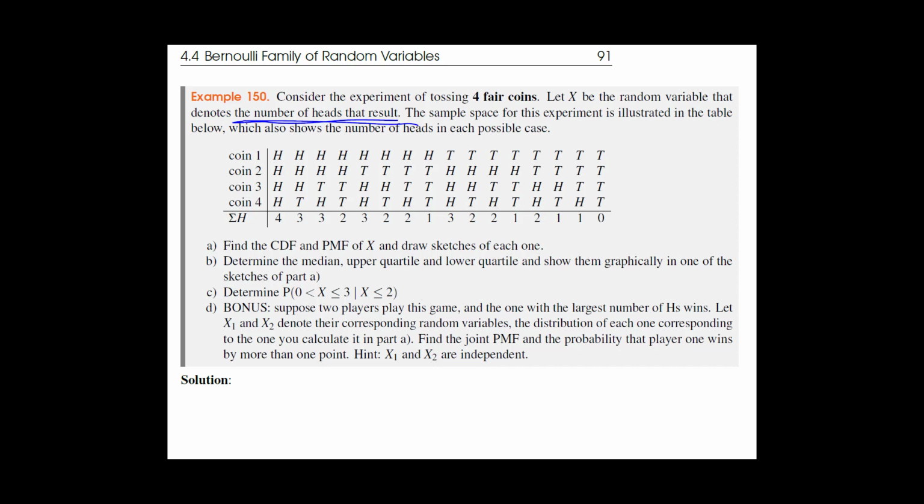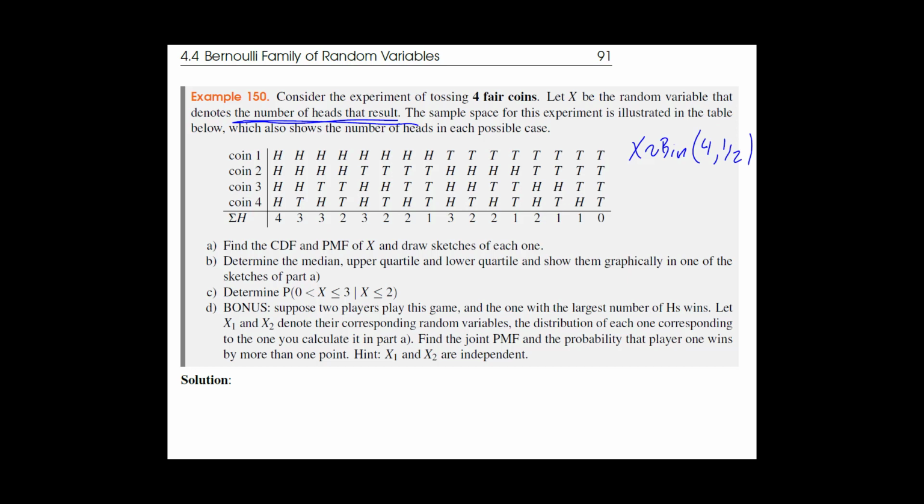We're going to call a head a success, and therefore X would be binomial, because it's just the number of successes in trials. So n is 4, and the probability of success p is 1/2 because they say that it's a fair coin.